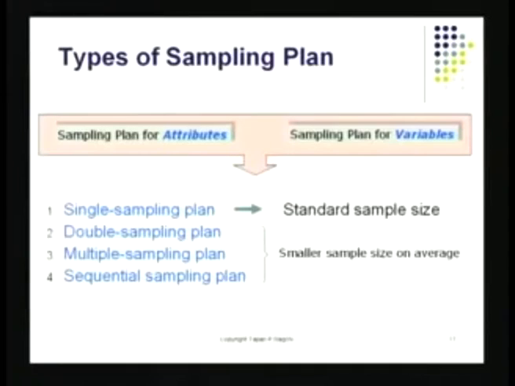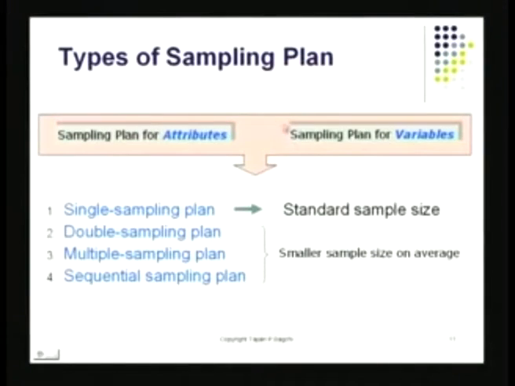Sampling can be done both on an attribute sampling basis and on a variable sampling basis. And how am I going to do my inspection? I could apply the single sampling approach, the double sampling approach, the multiple sampling approach, or the sequential sampling approach. I'm going to give you some details on these, and also show you how to design these plans.